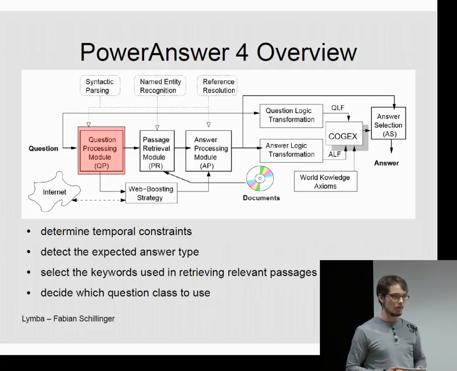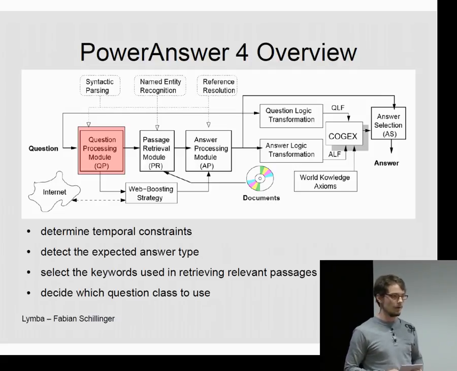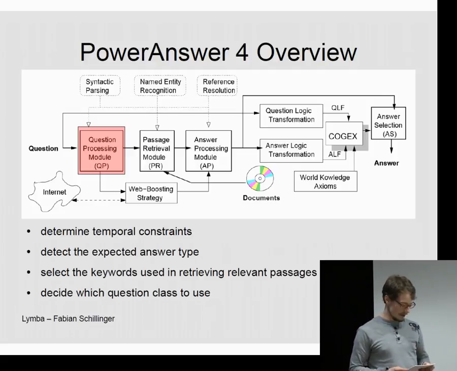They used ROSE, a named entity recognition system, to select the keywords used in retrieving relevant passages, and to decide which question class to use. They also processed the question semantics in this module and resolved question ambiguity.